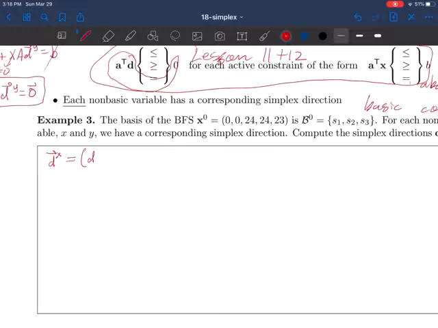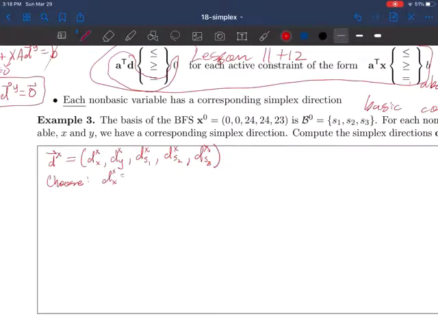You guys are going to do dy. So this is dxx, the first component. dxy is the second component. dxs1 is the third, and so on. Note that the superscript indicates which non-basic variable is being changed by this direction, and the subscripts refer to the components being affected in the solution.